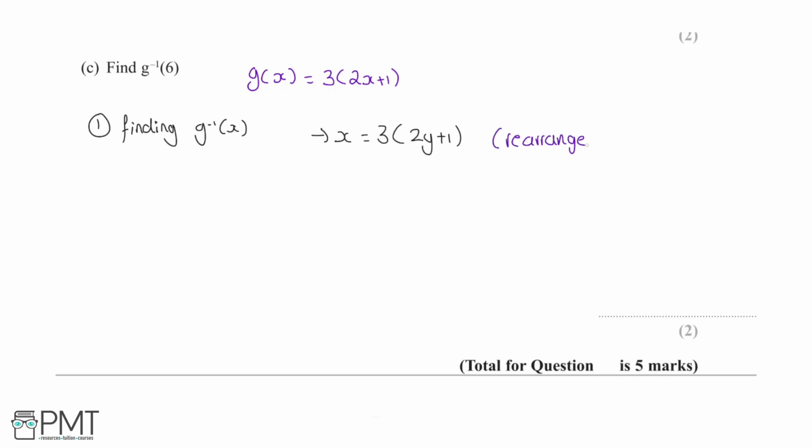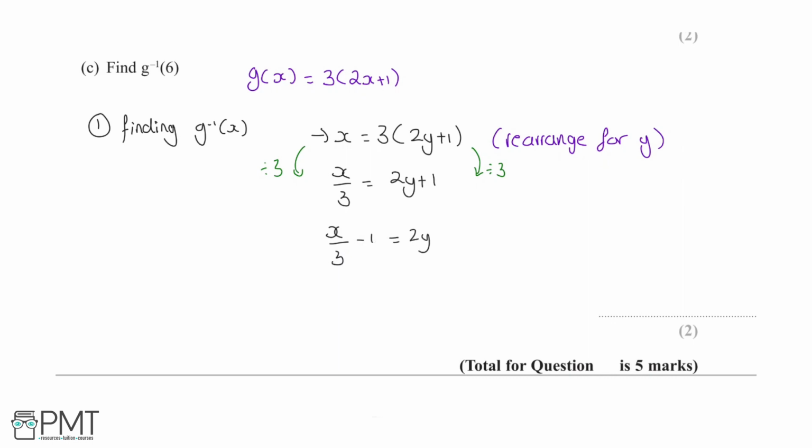First, we're going to divide by 3, so we have x over 3 equals 2y plus 1. And what we've done is we have divided by 3 and divided by 3. We're going to subtract 1 from both sides. So we get x over 3 minus 1 equals 2y.